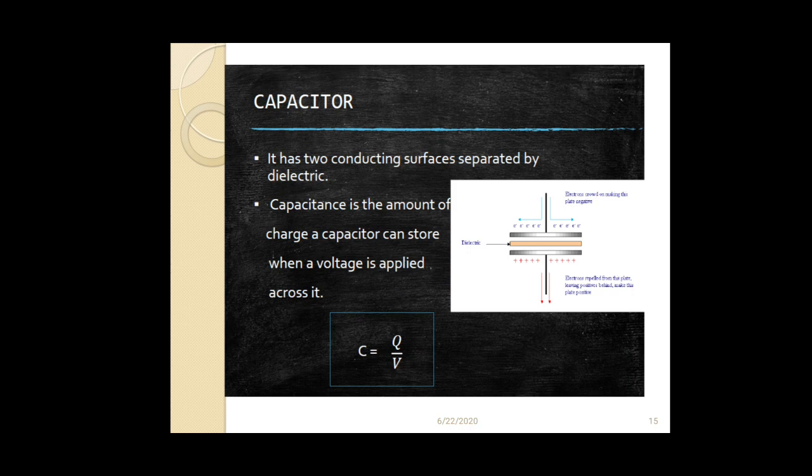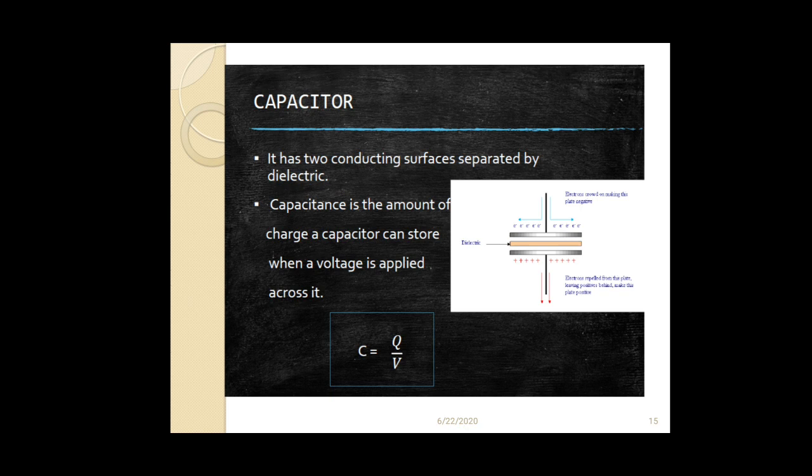Next one is a capacitor. This component has the ability of storing electrical energy, and this ability of storing charge is known as capacitance. The unit of capacitance is Farad.